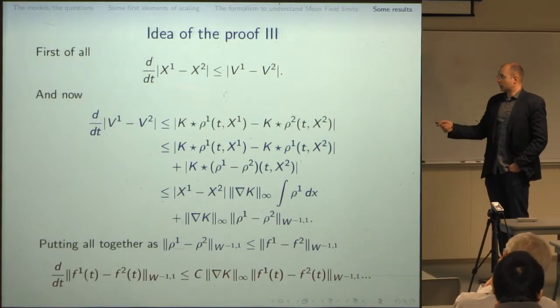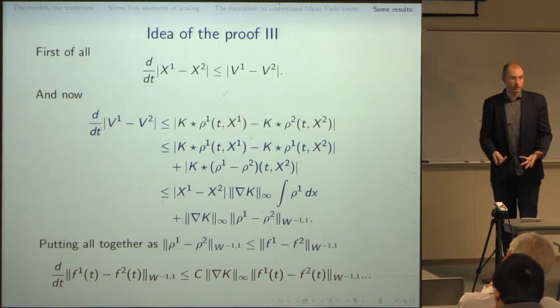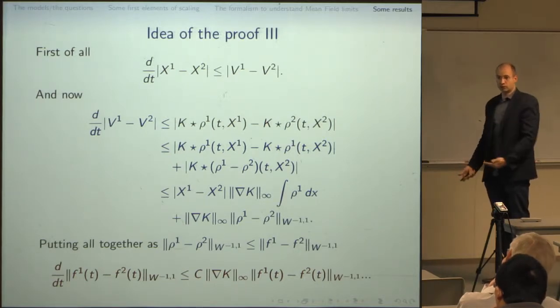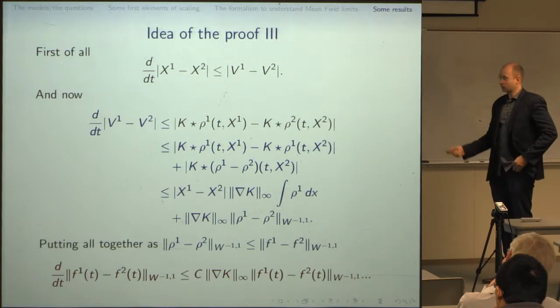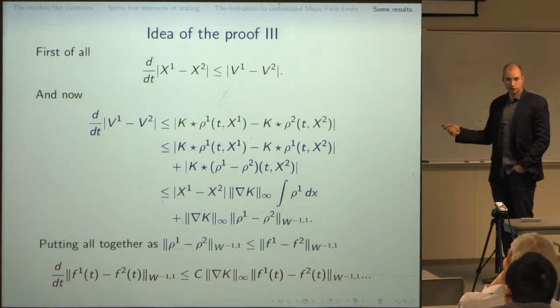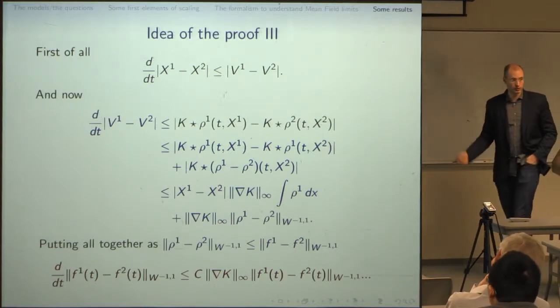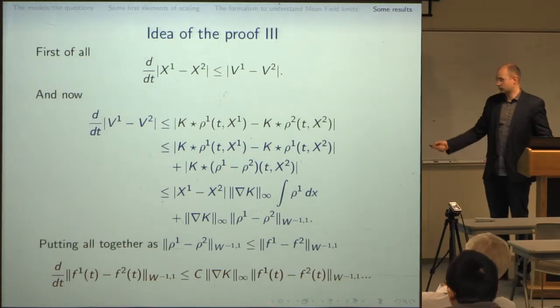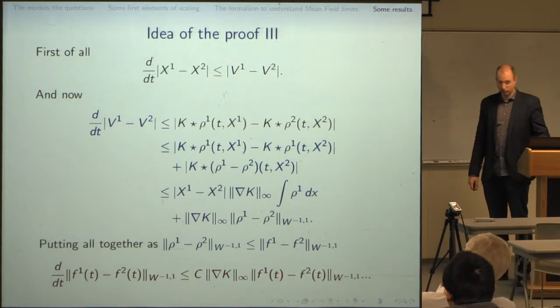And the difference in characteristics, you do exactly the same trick as before. You take the two solutions, you subtract, and you write down a Gronwall lemma. And it really works in a very similar manner, so let me skip the calculations here. Again, this is not a very complicated result. You get a Gronwall estimate, which is like that at the end, which gives you the result you want.